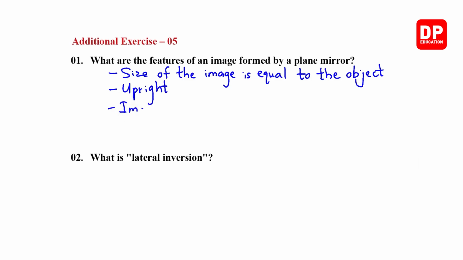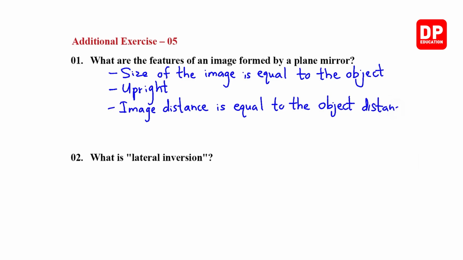Image distance is equal to the object distance. Then lateral inversion. And finally, we can't take them onto a screen, which means they are virtual.